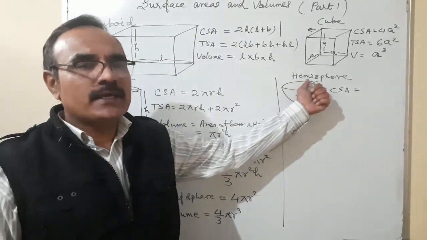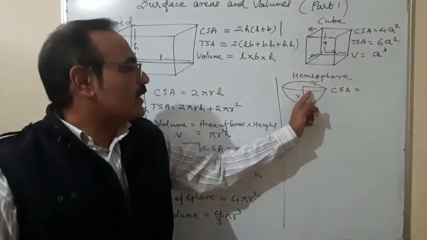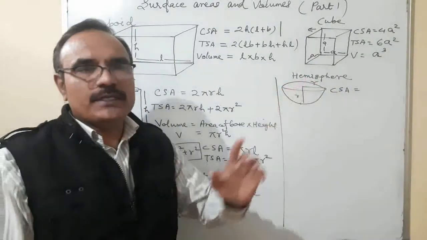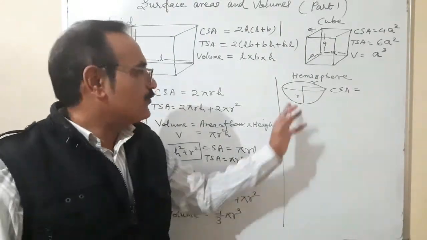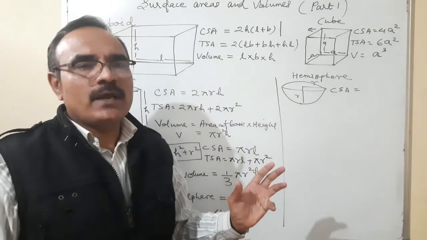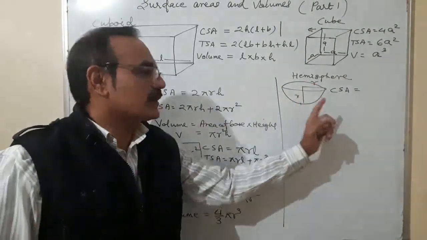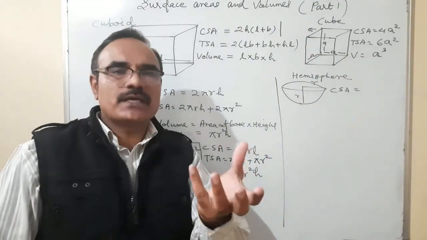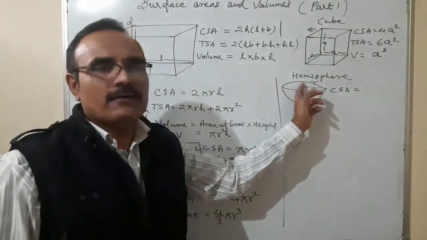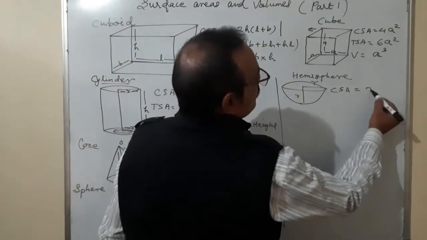Area of a circle is pi r square because its radius is r. So the area covered by this portion is pi r square. If you want to cover the curved surface area, you will have to use double of this, and double of pi r square is 2 pi r square. That means this area is double the area of the top. So CSA is equal to 2 pi r square.